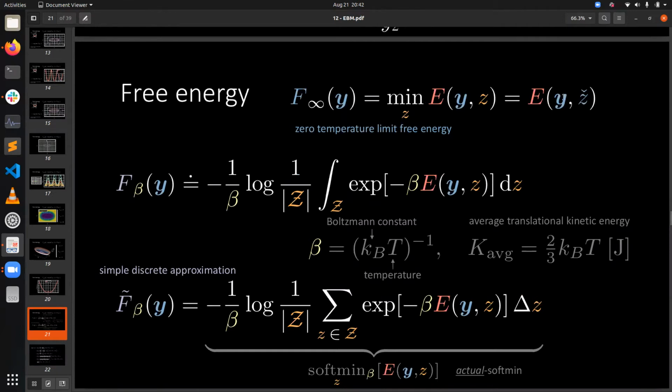So this is z, I don't know how you call this, z hat. It is the z for which the energy is minimum. And the way you relax this is by using this F beta of y.